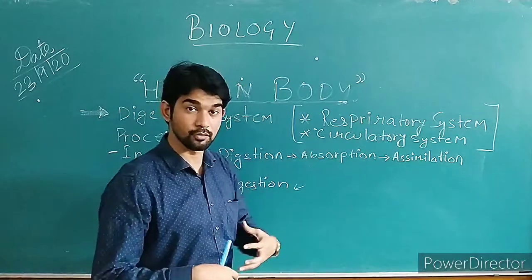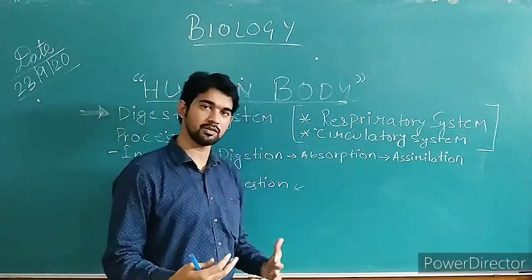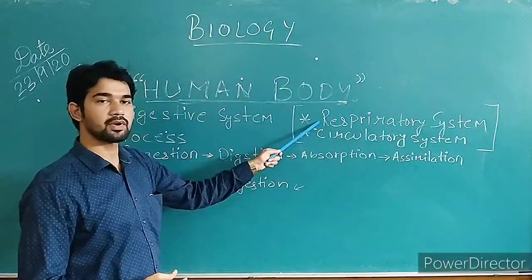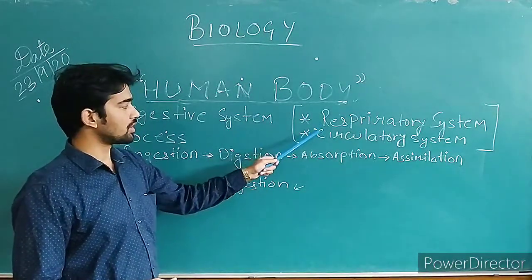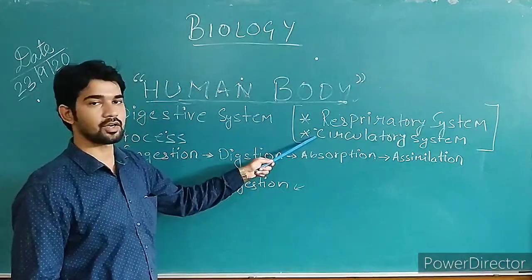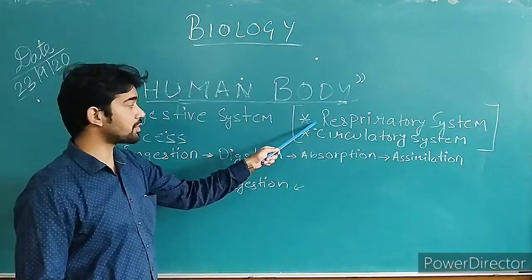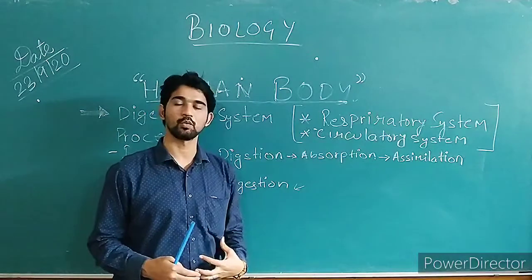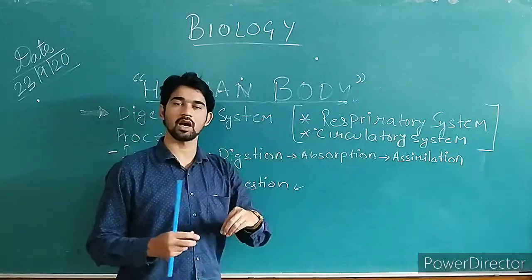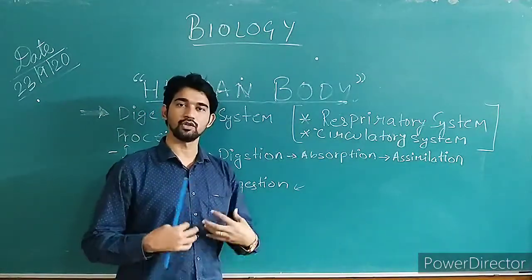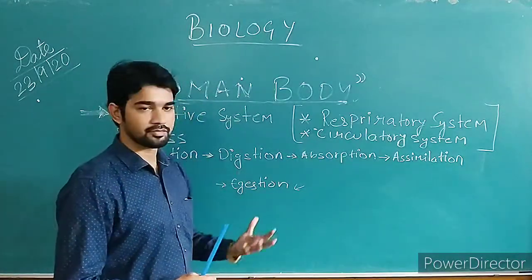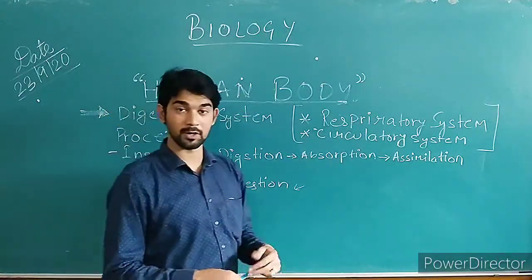food and that food is converted into energy. And second is the respiratory system, and third is the circulatory system. The respiratory system includes our respiration, the air we take in, how oxygen is utilized and how carbon dioxide is taken out of our body.